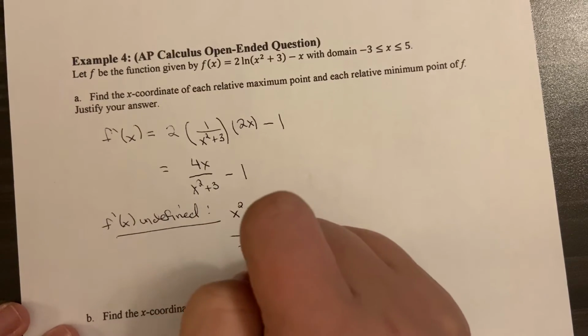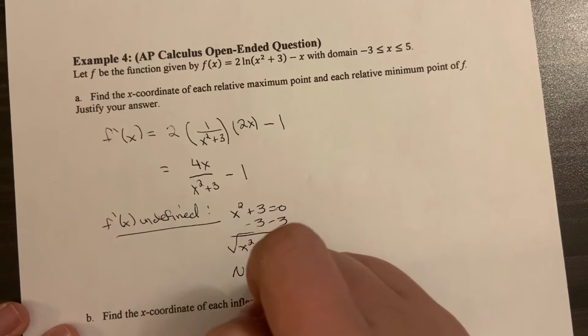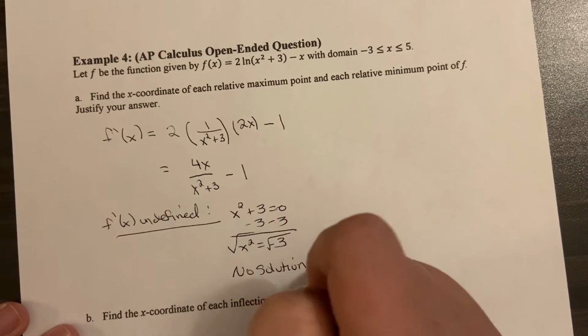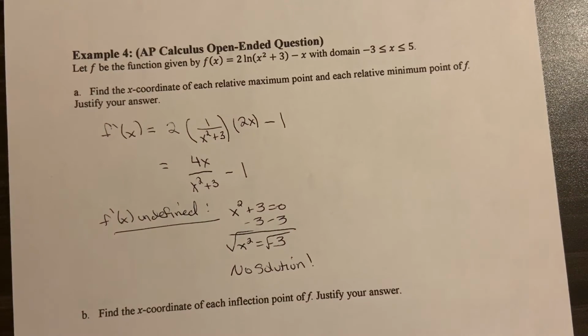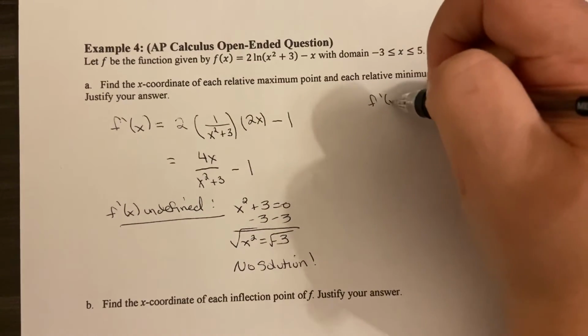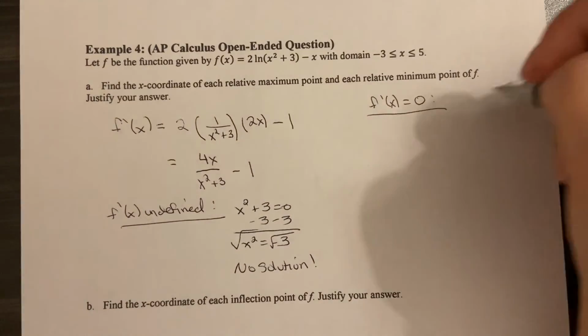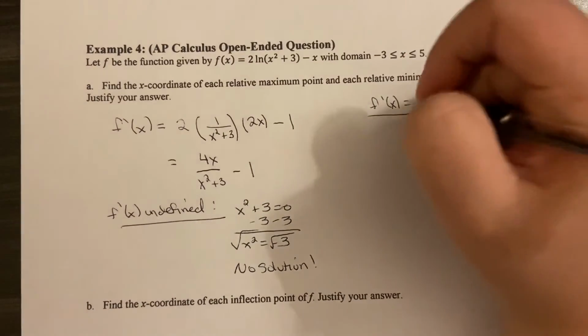However, when I do this, I get a no solution scenario. Okay. So now I'm going to do it over here. So now I've got to check for f prime of x equaling 0. So this one's a little, I don't want to say harder, but annoying.